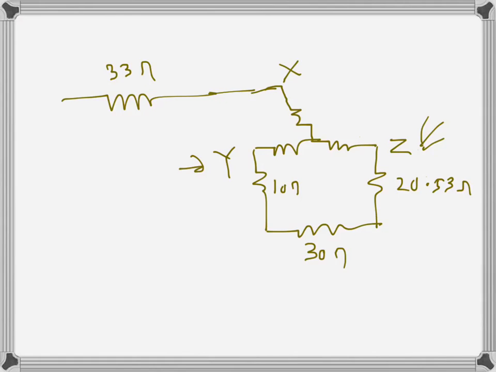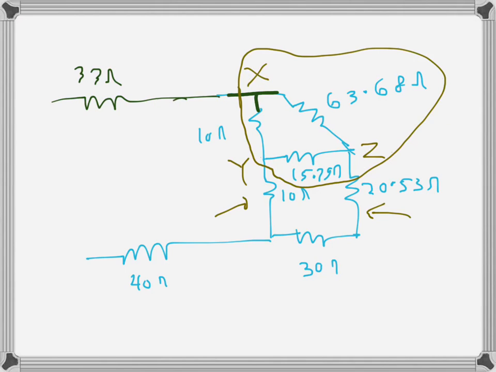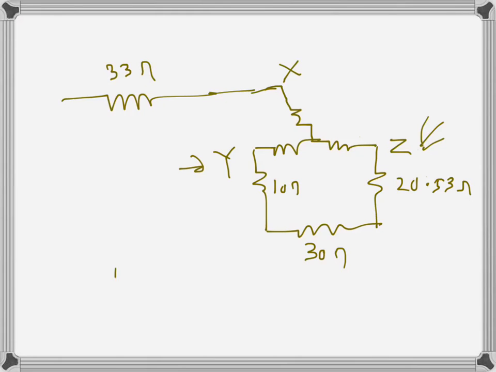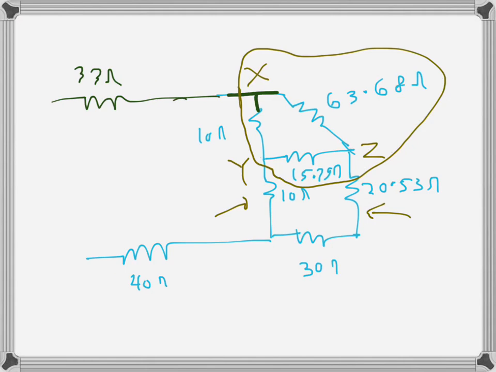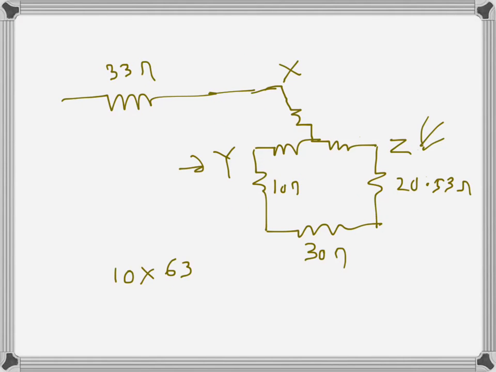Now we need to see what is the value of the resistance in Y that is connected to node X. That will be 10 times 63.68 divided by the sum of 10 plus 15.79 plus 63.68.